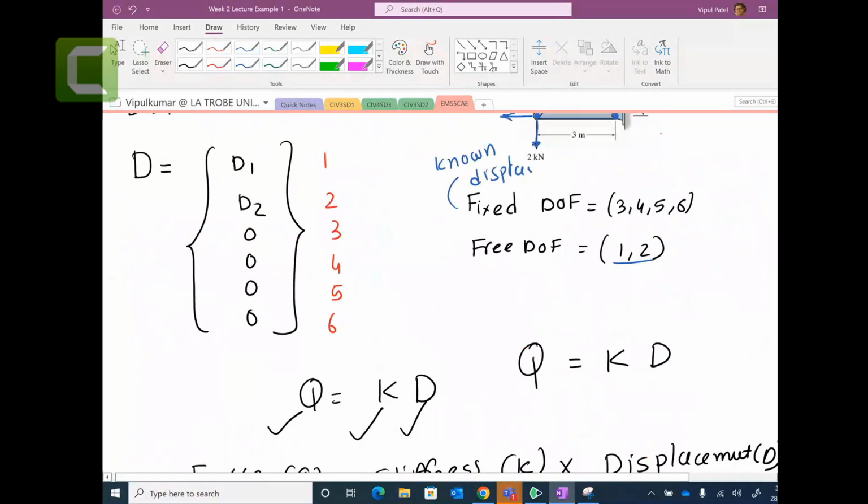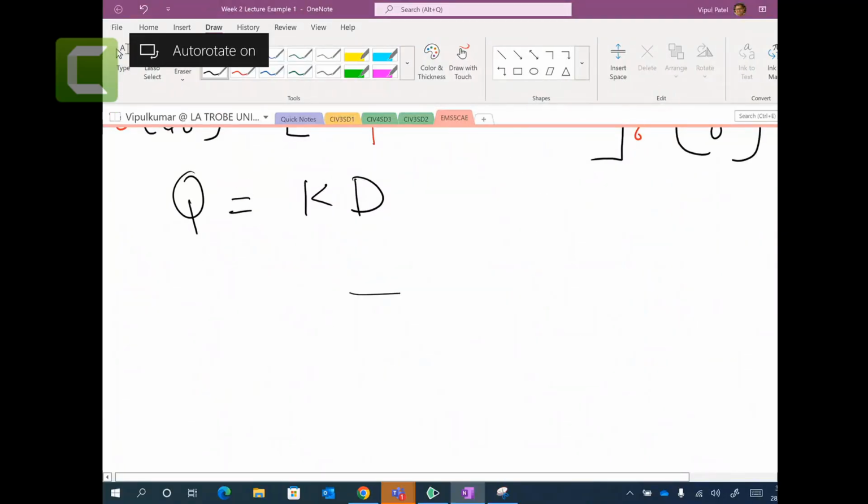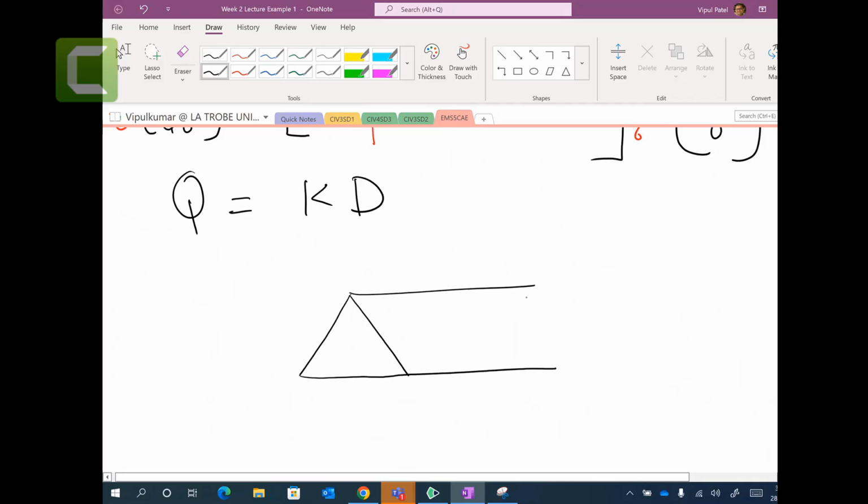So for example, let's say I have a truss system like this. Now I might have a load at this point, but I may not have loads at these points.